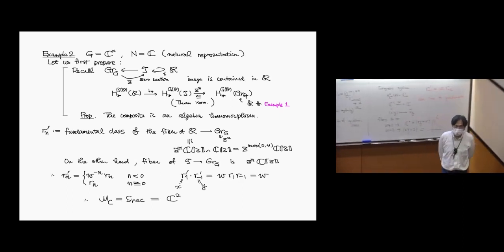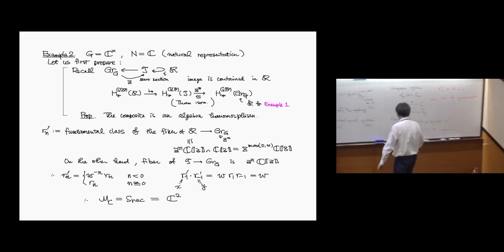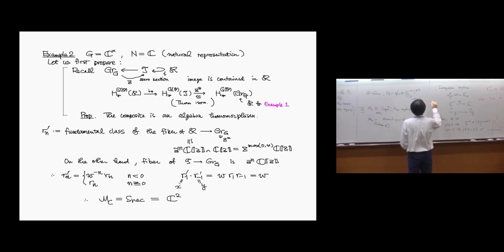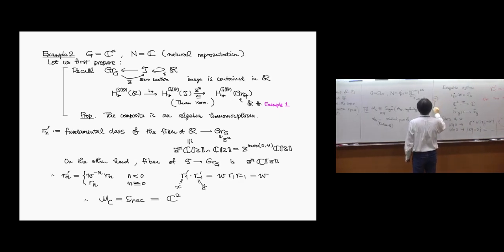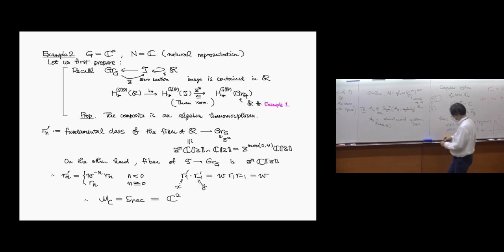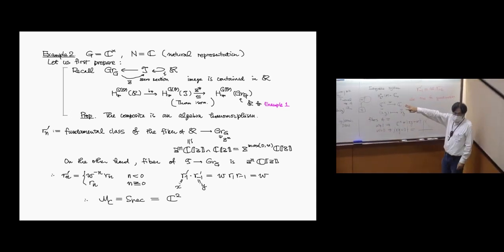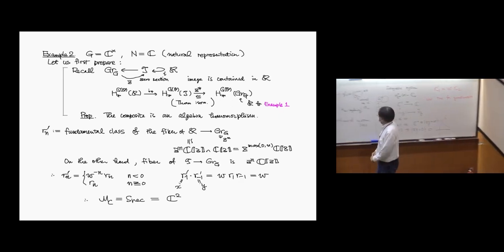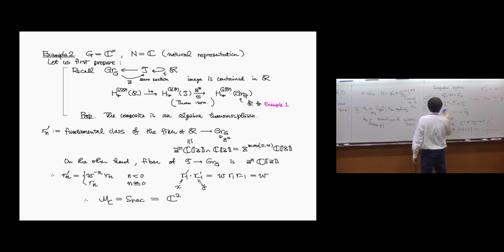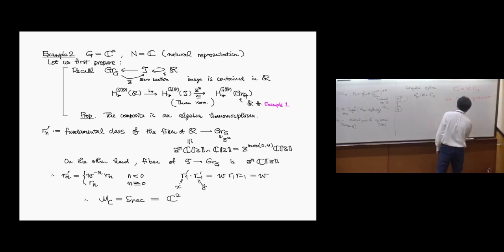So this is corresponding to a quiver. I consider the cotangent bundle of this one, right? I start with the cotangent bundle of this in the beginning.